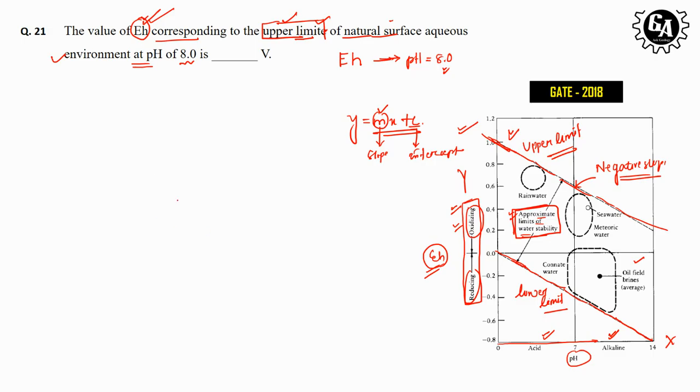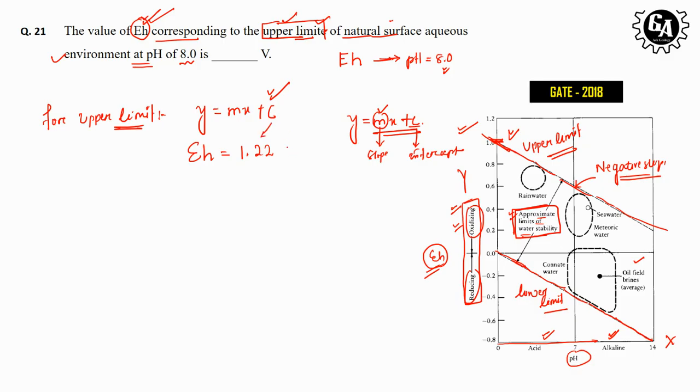So for the upper limit, y equals mx plus c. Here, EH is equal to the intercept, and this value is around 1.22.